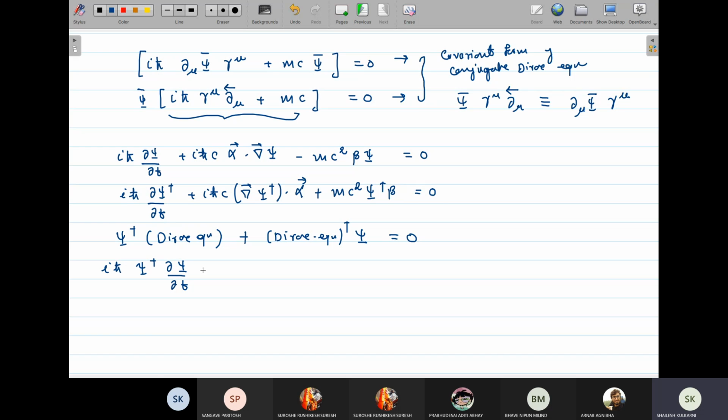If you do that, you will get iħ ∂ψ†/∂t ψ plus iħc, α dot, plus ψ† ∇ψ plus ∇ψ† dotted with α ψ. And this term will cancel.